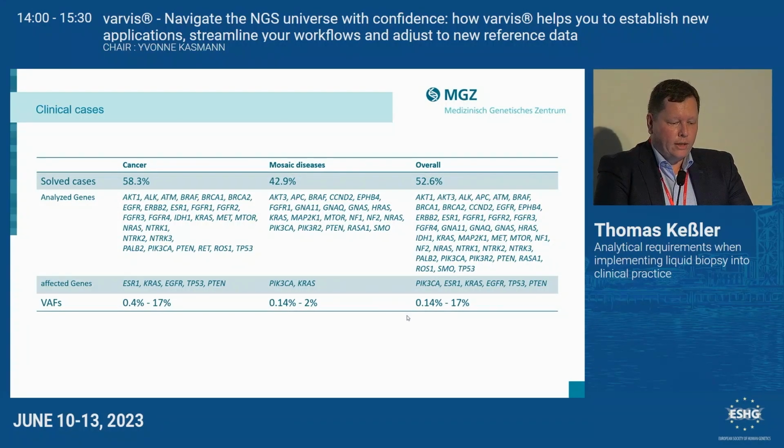So overall, we have about 50% of cases where we find an interesting variant that we can report, and we have so far a span from 0.1% to 17% of variant allele frequencies.